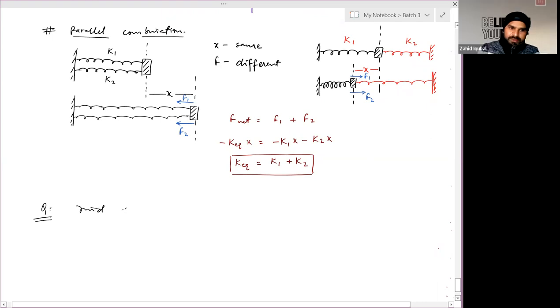Again, find K equivalent and time period for a combination. Okay, Umar.